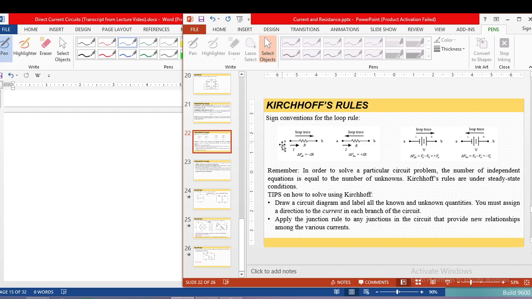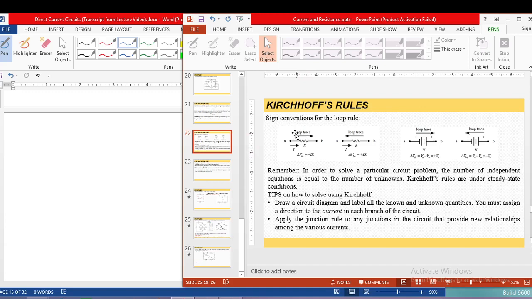So this means that A is the higher potential with respect to B of our resistor. And for this one, if your loop trace is moving in the same direction as your current across the resistor R, then the voltage drop is negative. We know that this is the positive leg of the resistor and this is the negative leg, so the loop is pointing to the negative leg. That is why the voltage across your resistor is negative.